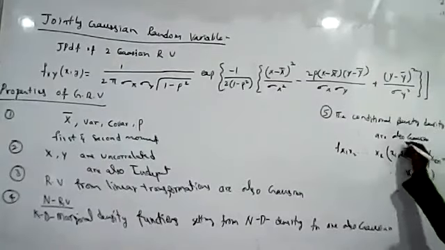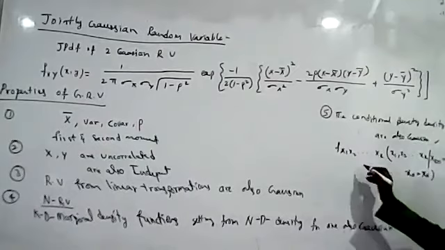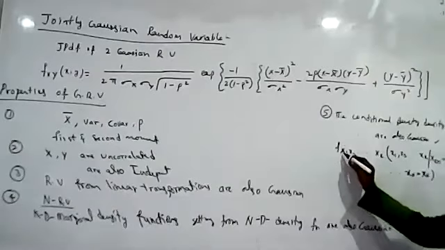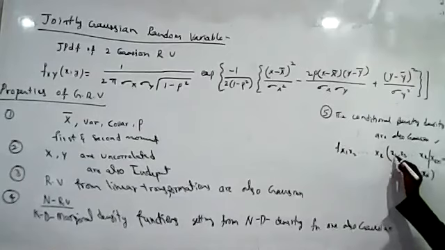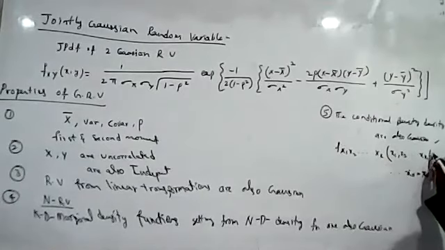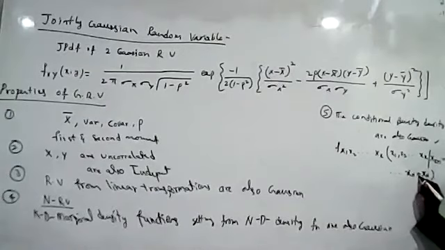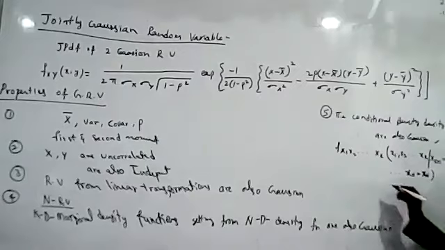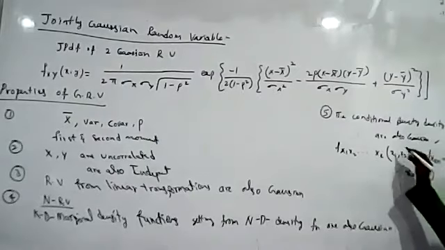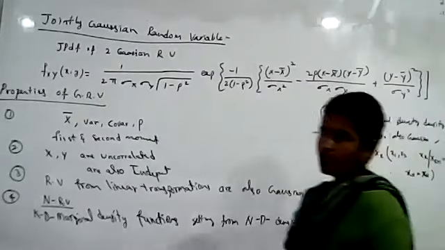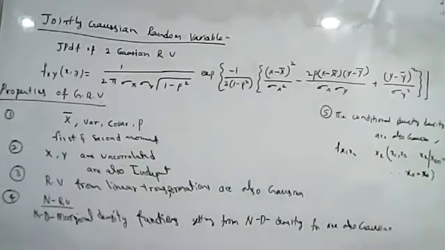We take f(x1, x2, and so on up to xk), taking only k dimensions, with the condition that x_{k+1} is equal to its value x_{k+1}, and so on, up to x_n is equal to x_n. This is the conditional density function, and whichever conditional density function you obtain is also Gaussian. These are the 5 properties of jointly Gaussian random variables.